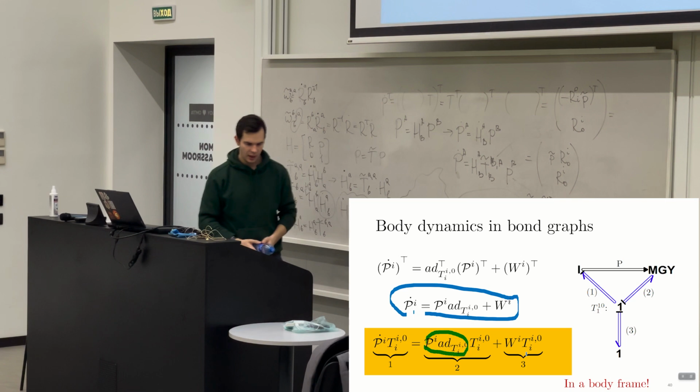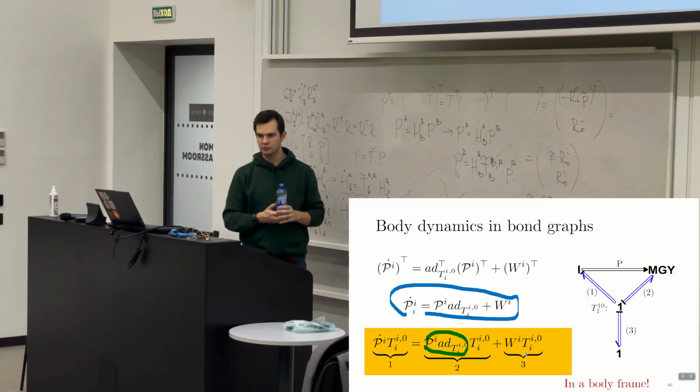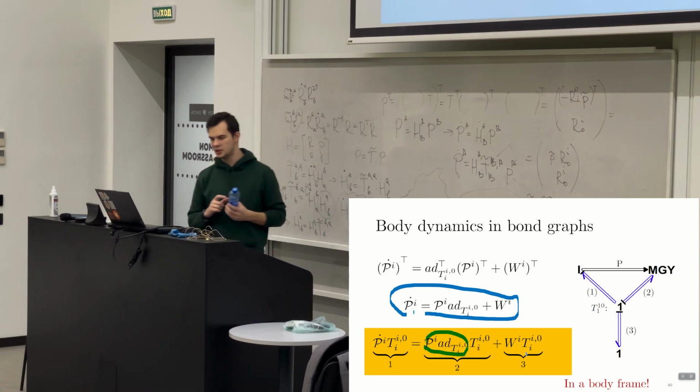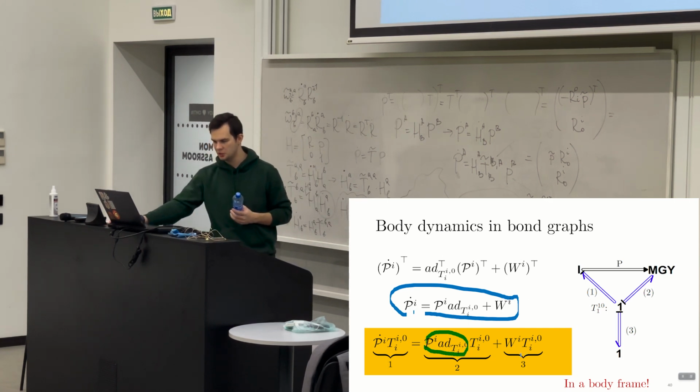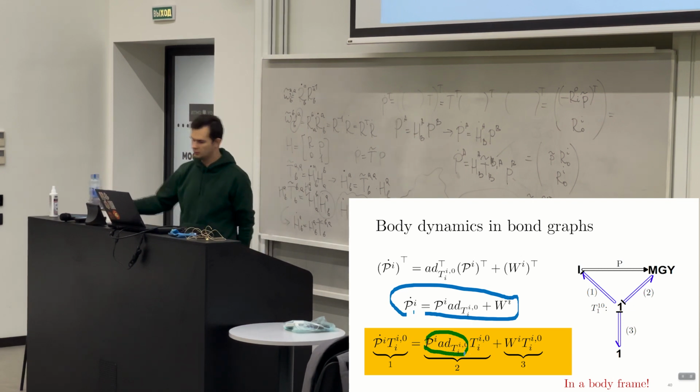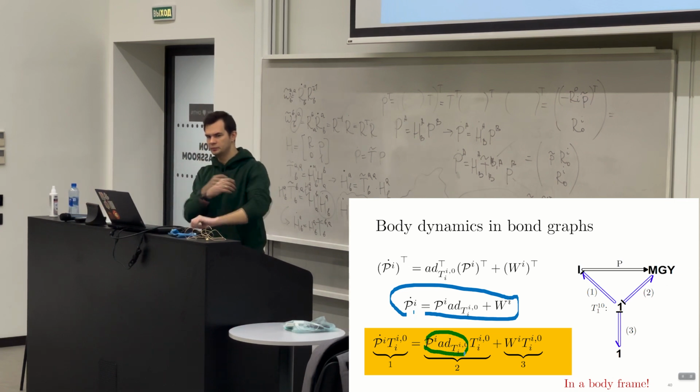So here I'm applying the wrench, right? I'm applying the wrench to this bottle, and this bottle saves energy, and this energy is nothing else than p dot times twist. And the second term is the gyroscopic effect that forces a body to flip.